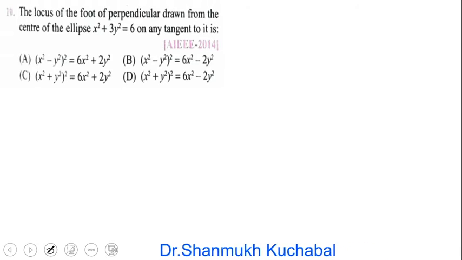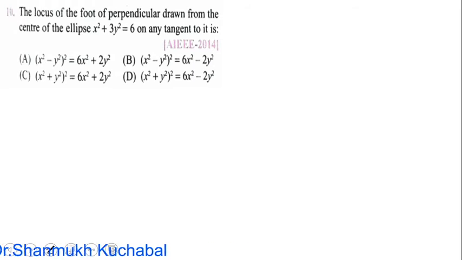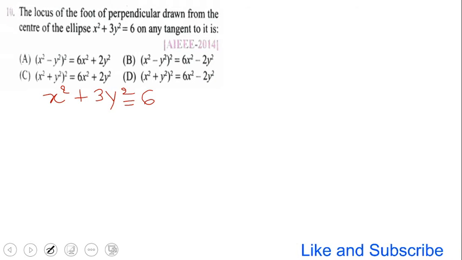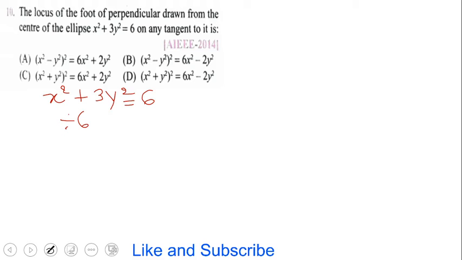Example number 10. It is given that the locus of the foot of a perpendicular drawn from the center of the ellipse x square plus 3y square equal to 6 on the tangent is given by the formula. So here the RHS is 6, so we have to divide by 6 here.